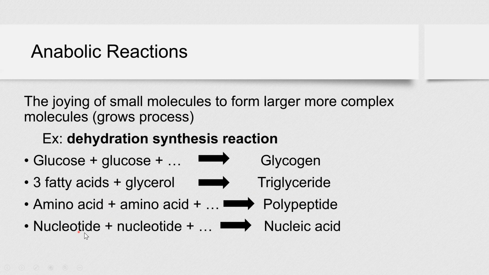Your cells also can attach nucleotides forming nucleic acids. So all these anabolic reactions require energy, and the energy is now inside those large macromolecules. The reactions that form these molecules are called dehydration synthesis.